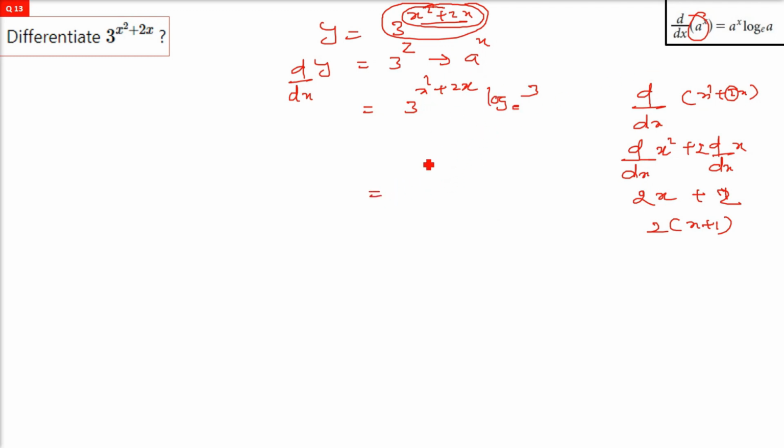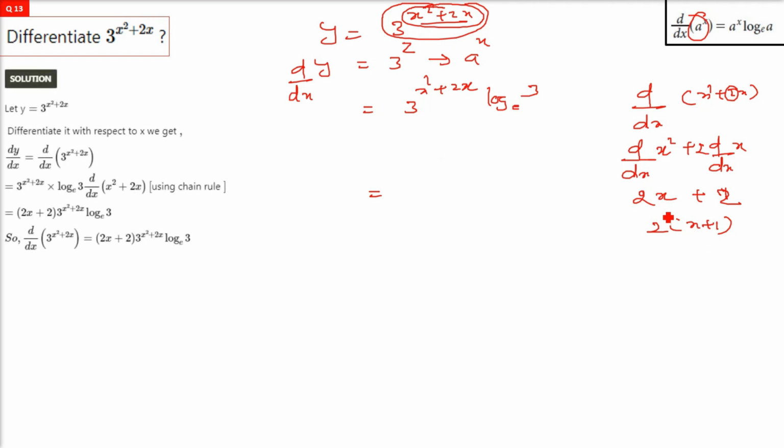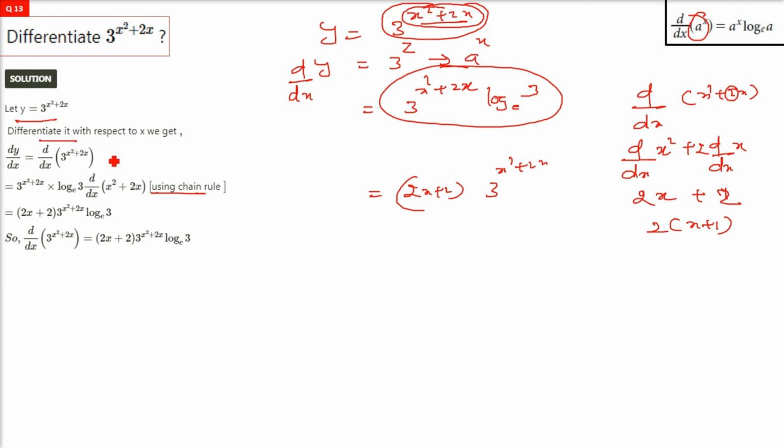Both are accepted. Now, what is the final answer? What we got? 2x plus 2. And what did we just do just now? 3 to the power x square plus 2x and log base e 3. You can just relieve yourself from writing the base always. If you are just writing log, it is assumed that the base is already e.